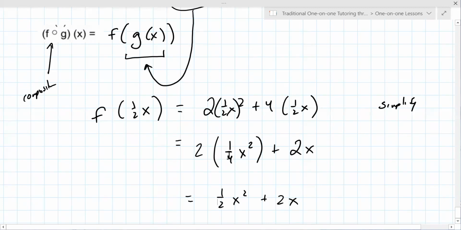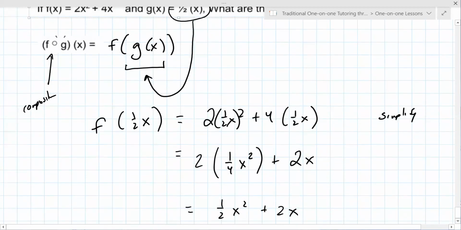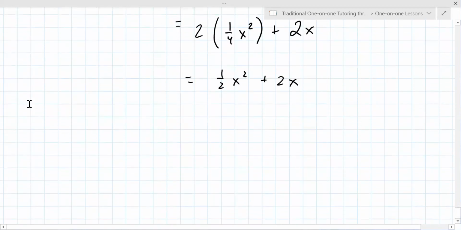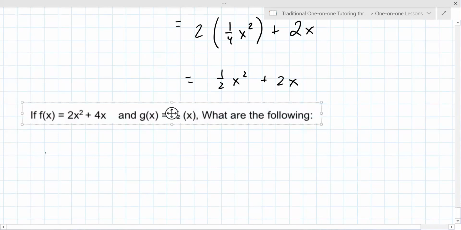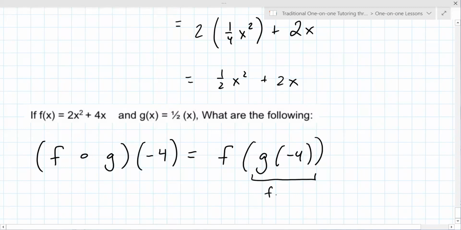Okay, now let's try it with some numbers, because I don't know if that was clear, and you may get one with numbers. So let's do f bubble g of -4. This means f of g of -4. You do the g of -4 first.